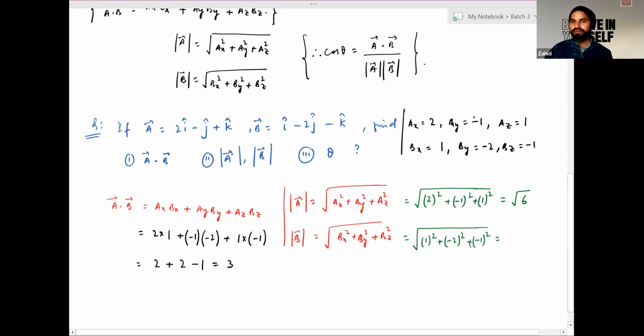So 1 plus 4 plus 1, it will be root 6. Now just put these values in this expression. You will get theta. Try to find.